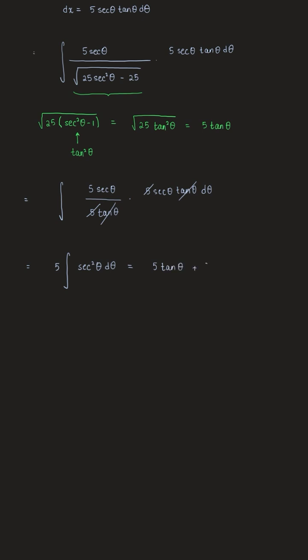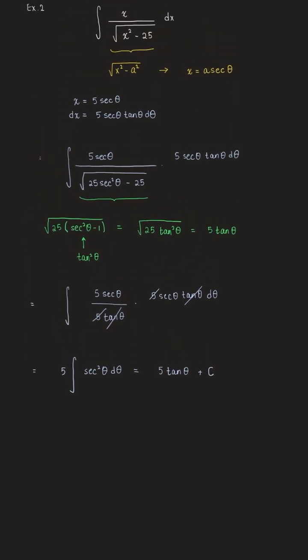But don't forget that we still need to change our final answer to be in terms of x, not theta. So let's go back to our original substitution, which was x equals 5 secant theta. So I'm going to write that here. x is 5 secant theta.